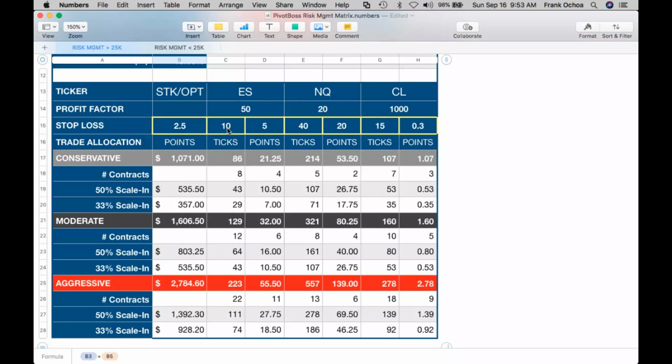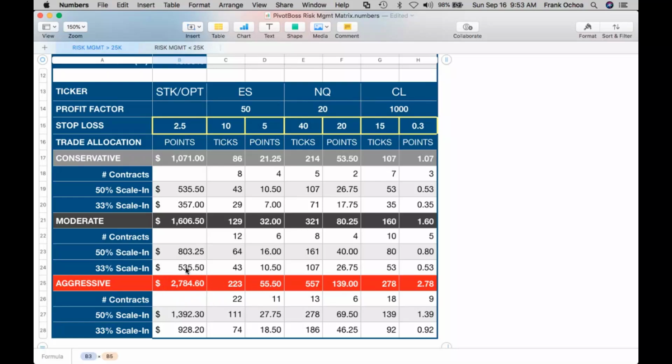So what I do is I usually use ticks for my quick day trades or scalps, use points for kind of a longer term day trade or maybe even a swing. And so there you can kind of see how many contracts you can go. Now say you were going aggressively and you can basically put up $2,785 in terms of risk.